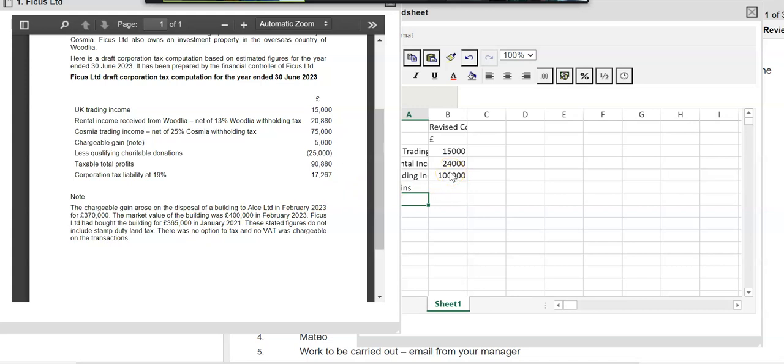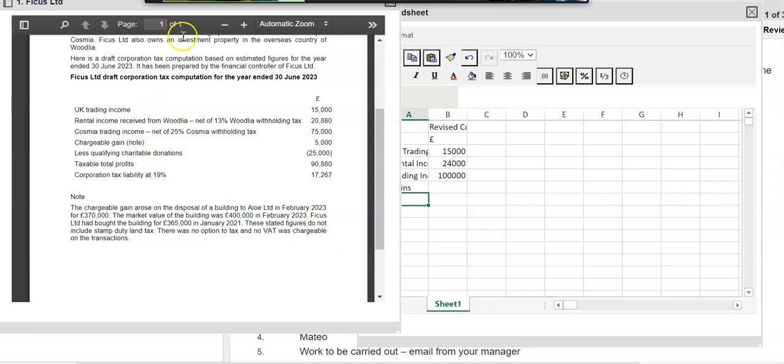What was your treatment for that? No, there were no gains. Why? Because the chargeable gain arose on the disposal of building to Alloy Limited. Alloy is a group company, right? So it's a part of 75% group.